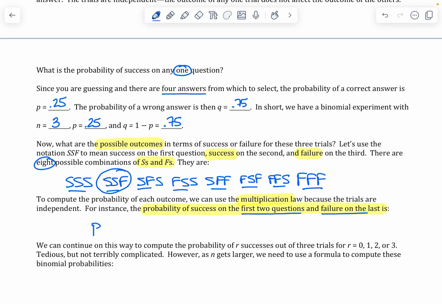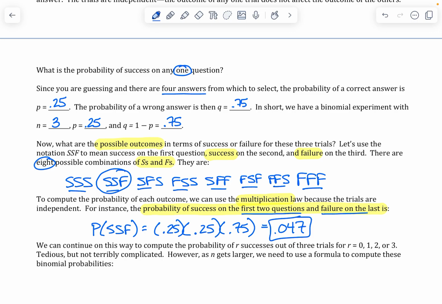So the probability of this specific outcome is: the first one is a success, that's 25%, and the second one is a success, 25%, and the third one's a failure, or an incorrect answer, 75%. And if you multiply those 3 probabilities out, you get about 4.7%.